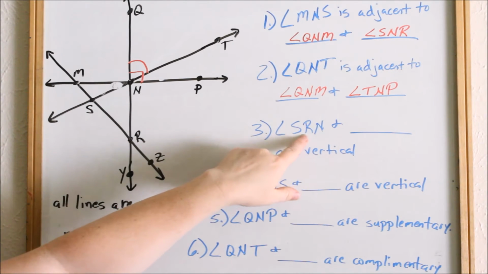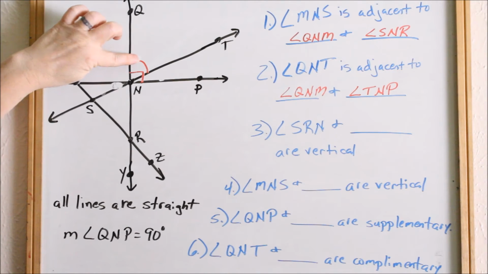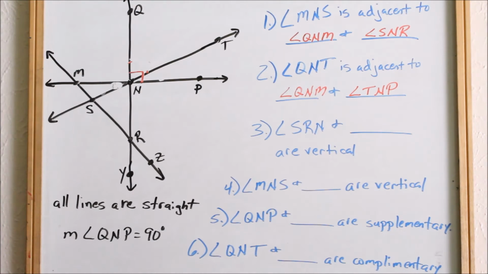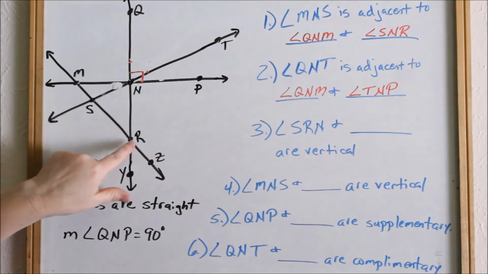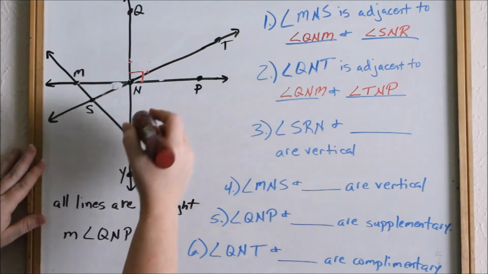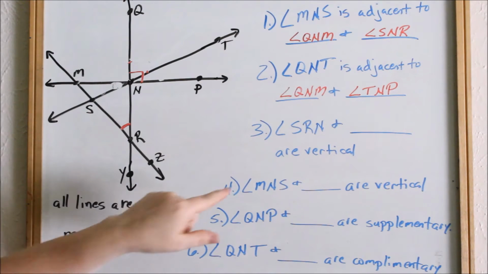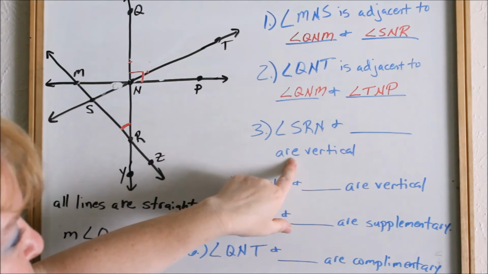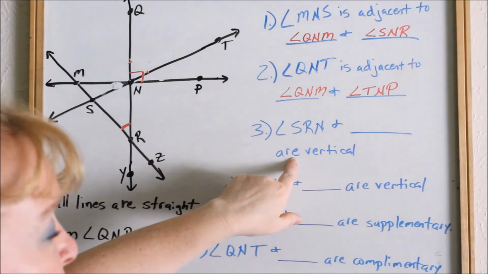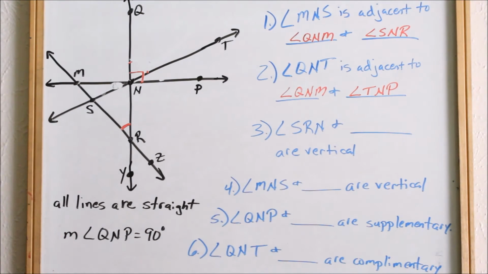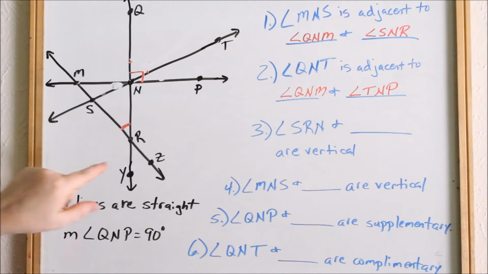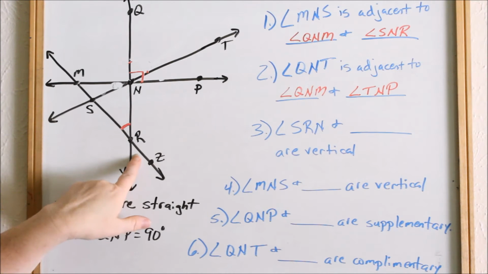Now let's go to number 3, angle SRN. So we're looking at SRN. Follow with your fingers. SRN, that's this angle right here. And they want to know which angle is vertical to it. Remember, verticals are opposite of each other and they form a V. There's only one that's vertical to it, and that's this one right here.